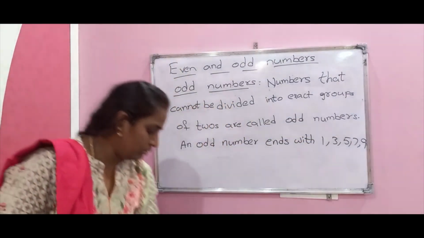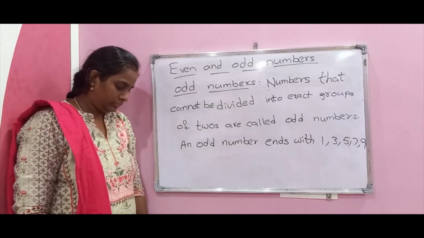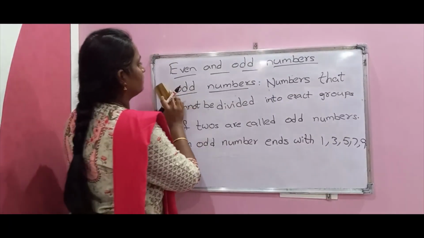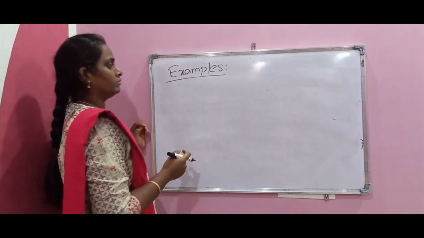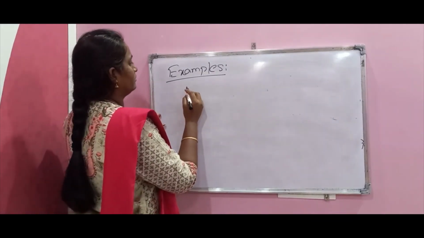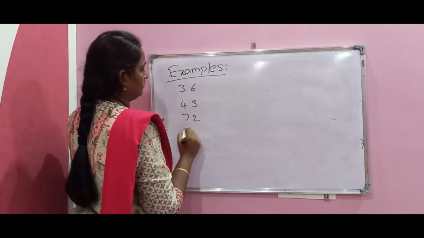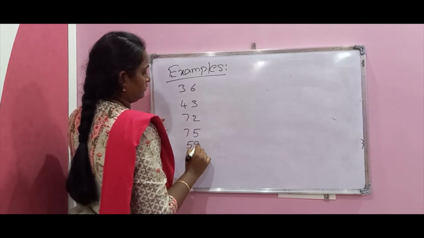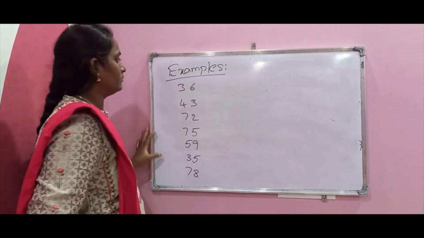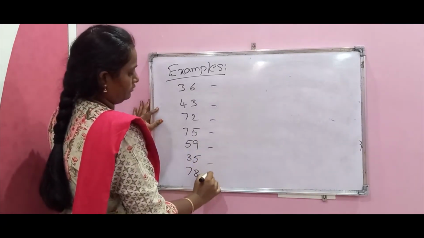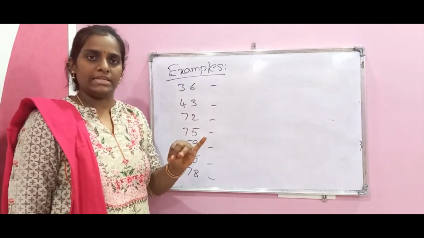Copy it. An even number ends with 0, 2, 4, 6, 8.